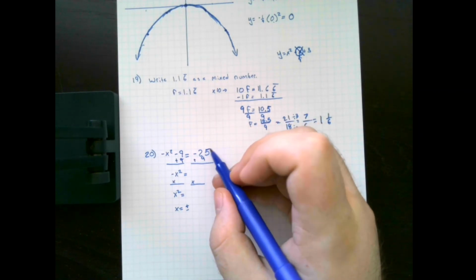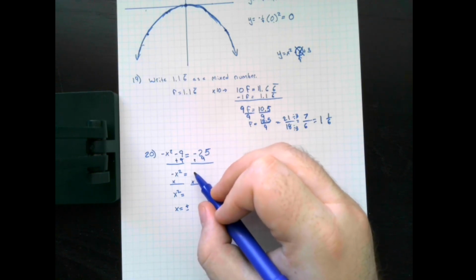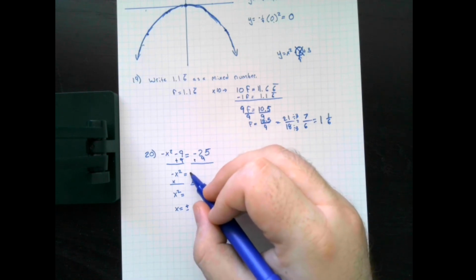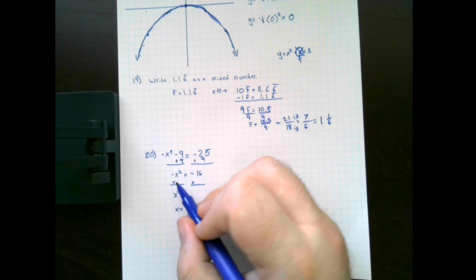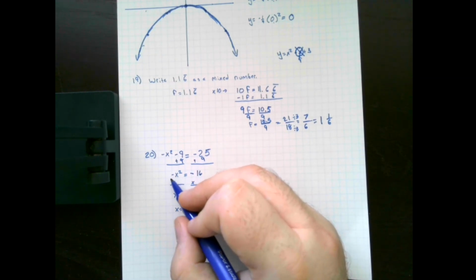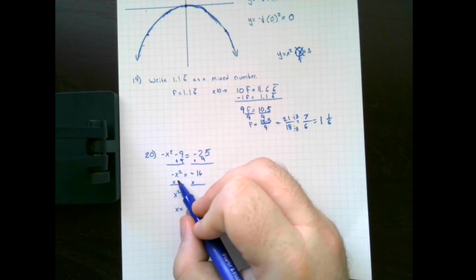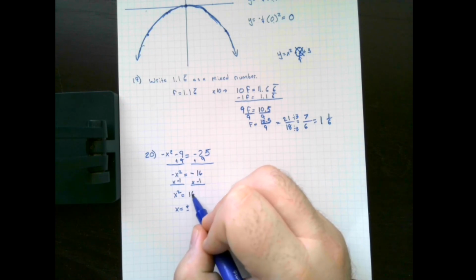If you add 9 to negative 25, remember opposite signs, you find the difference. 25 minus 9 is 16, but 25 is the larger number, so it's going to be negative 16. Now, we cannot take the square root of a negative number. It doesn't exist. So we first need to multiply both sides by negative 1, giving us x squared equals 16.